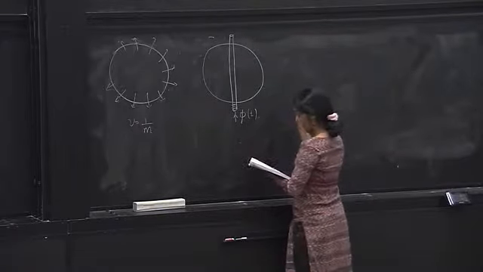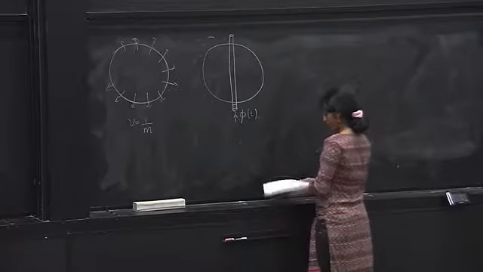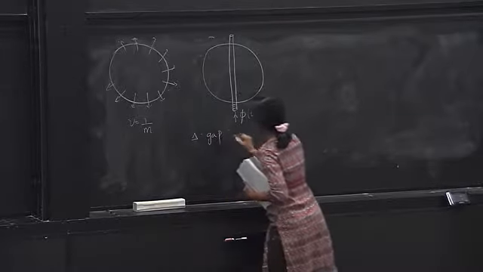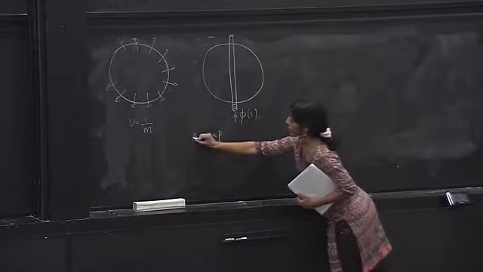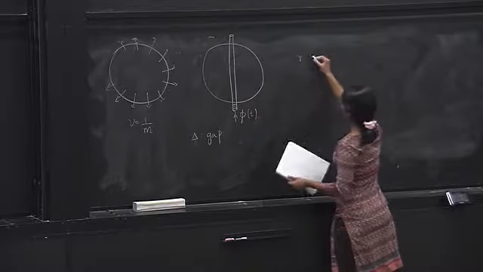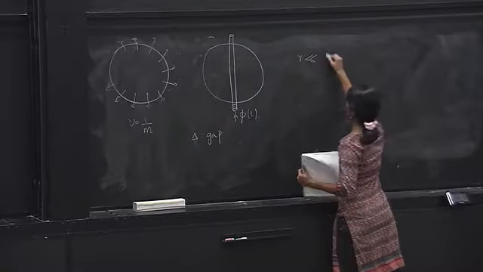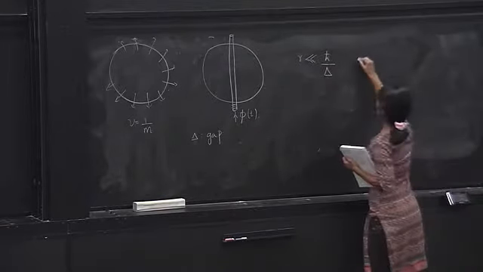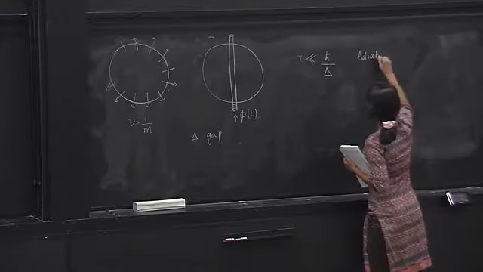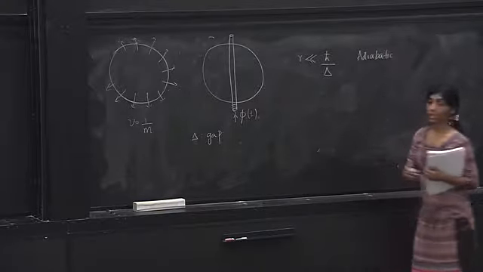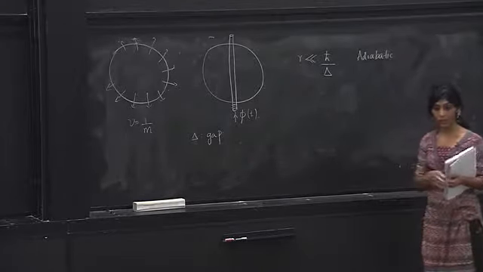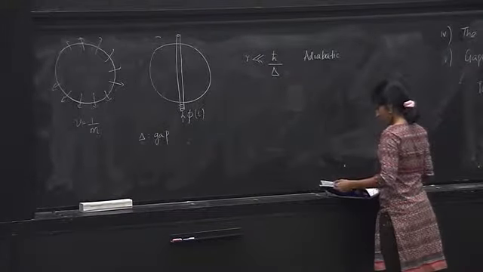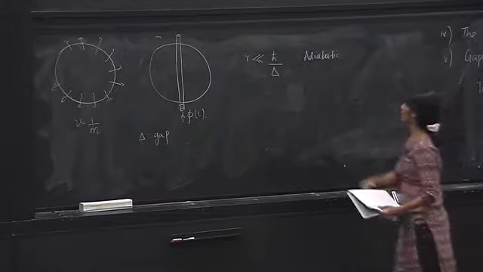So to excite the system locally, you need to give order 1 energy. So as long as I'm going slower with respect to, let me call that gap delta, as long as the rate at which I'm going is slower than delta over h bar, I can argue that things are adiabatic, in that I'm locally following what the ground state is doing. Okay? So this is a classic trick which we use all the time.